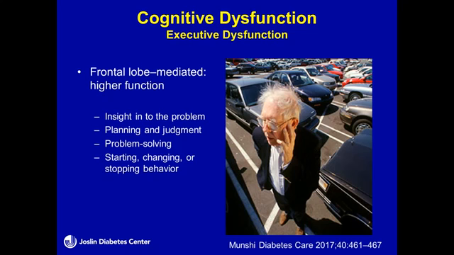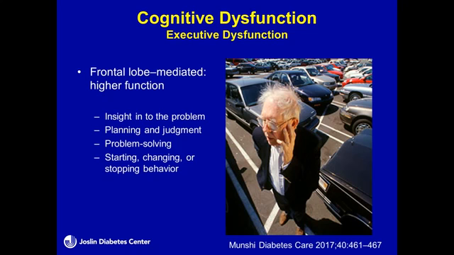And what happens is that when there is an executive dysfunction, subjects may have a hard time performing complex tasks. For example, monitoring finger sticks, administering insulin, as well as deciding the right dose of insulin to take, or following a sliding scale.